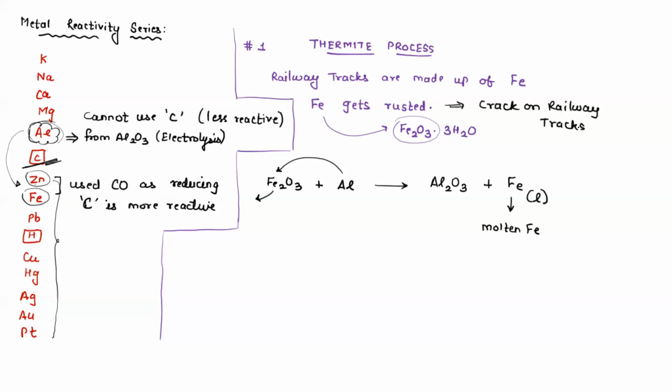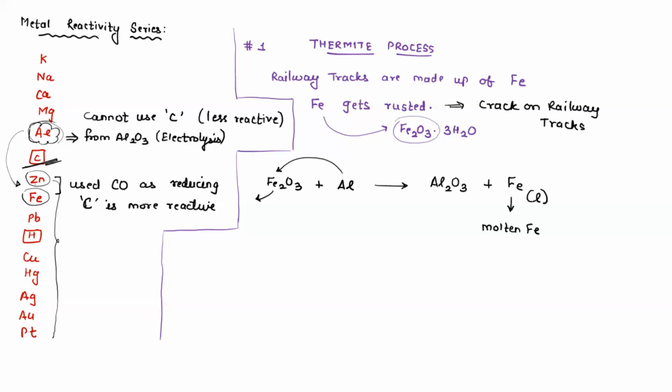So what happens? They take a machine which has aluminium, and they put that aluminium on the part where the track is rusted. Because of the displacement reaction, the aluminium displaces the iron, and the iron gets melted.